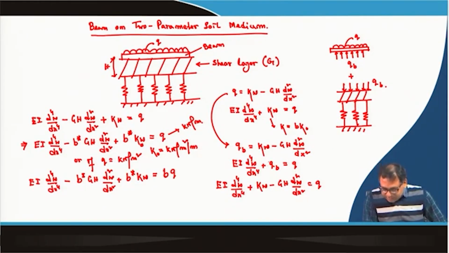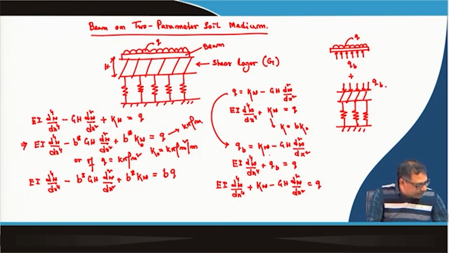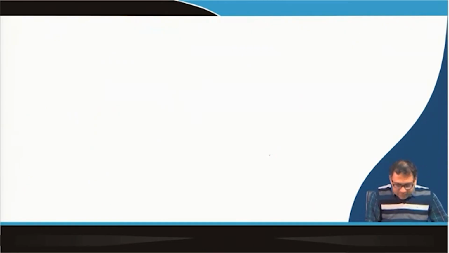So, I am multiplying B star with the K, and I am multiplying B star with the GH also. Now, why is it B star? Because let me explain that. This B star value has different conditions. Now, what are those conditions? Let me explain that first.